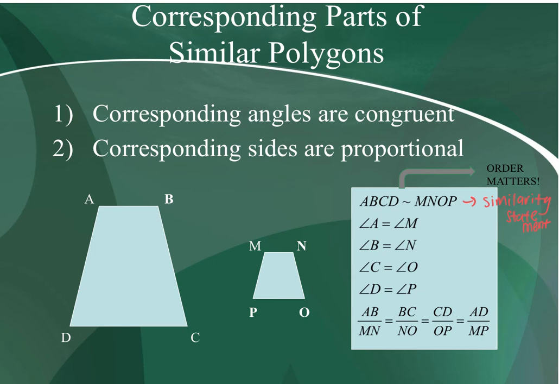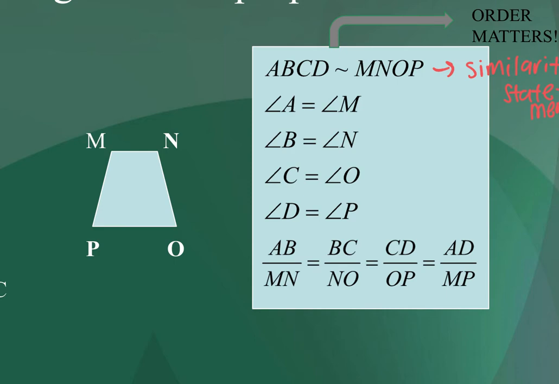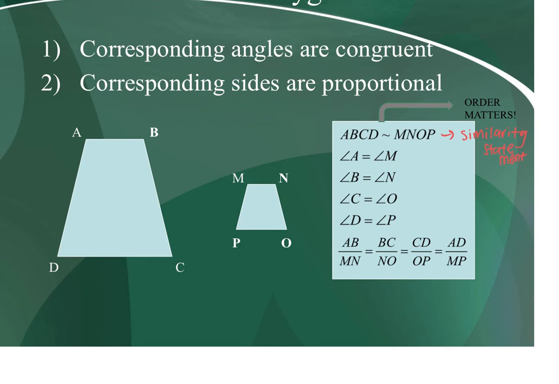By proportional, that means if we take any two sides and put their corresponding sides under them, for example, AB, which is this side right here, over its corresponding side MN, that should be the same as BC over NO. BC is this side on the large figure, and NO is the right-hand side on the smaller one.